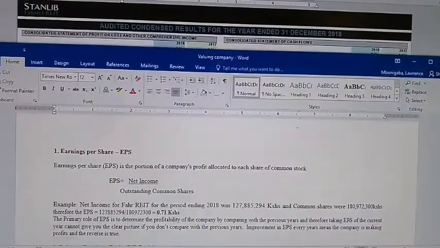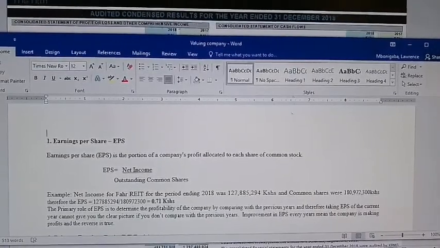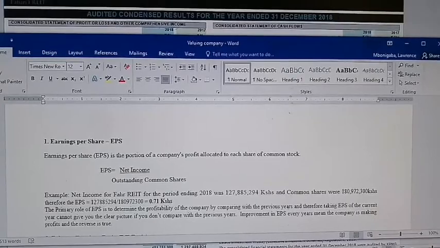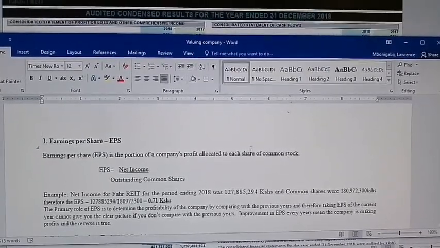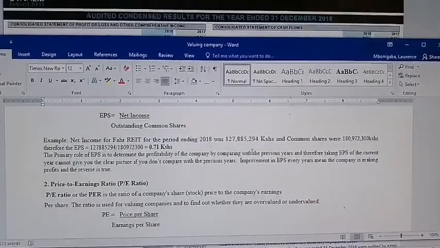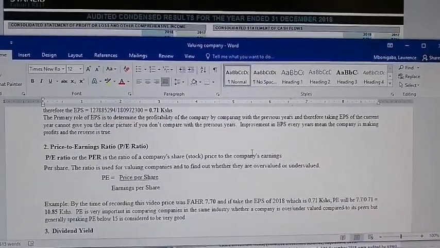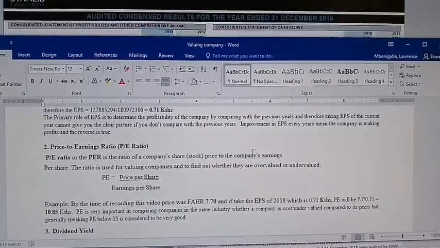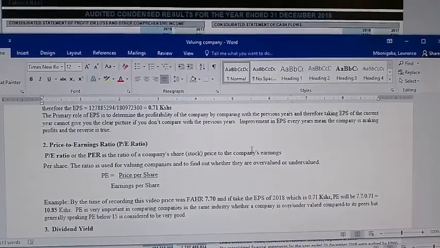For example, this company that I've given you is a real estate investment trust. Real estate investment trust companies always pay more than 80% of their earnings to shareholders, because that's one of the rules or governing policies of a real estate investment trust: they should pay more than 80% of the income earned to shareholders.